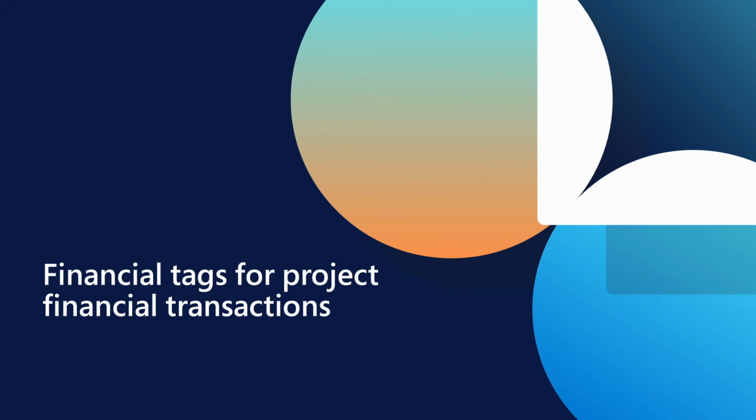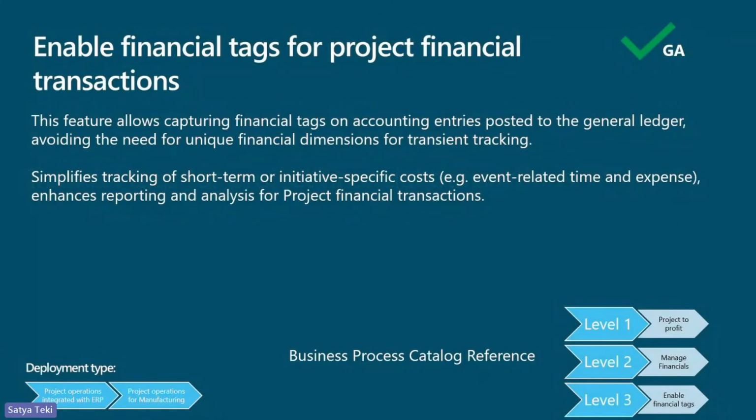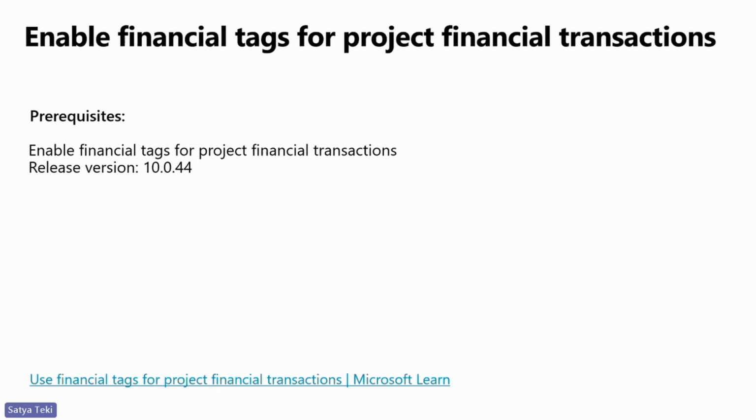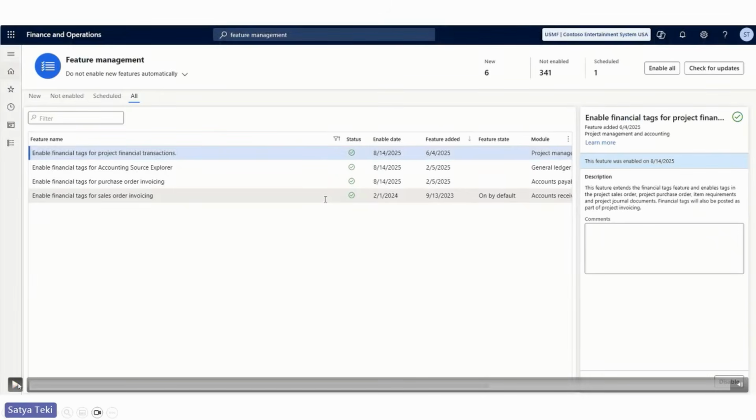This is supported in both our deployment types, that is the integrated deployment type, where you can now provide financial tags on integration journals, and also in our Project Operations for manufacturing, where all the project journals can use financial tags. This feature allows capturing financial tags on accounting entries posted to the general ledger. With that, we'll run into a quick demo on this feature.